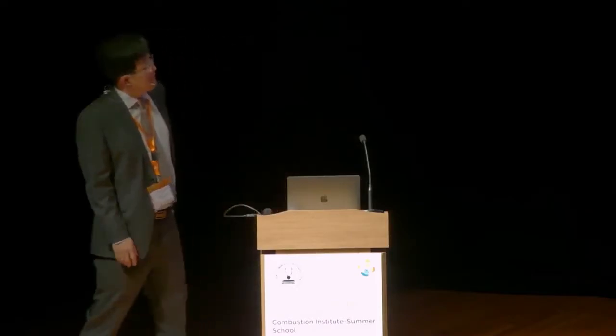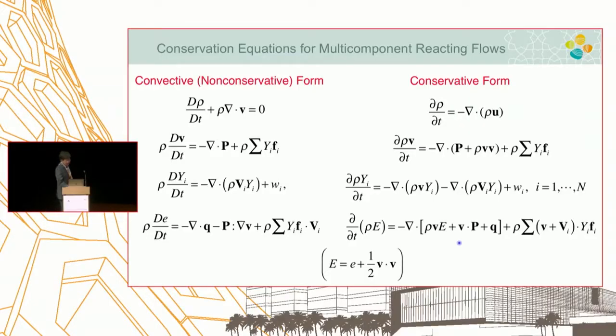So we have governing equations that need to be solved: the mass, momentum, species, and energy, which can be written in convective or conservative form, which is a kind of numerical matter where one expression is better than the other in terms of, after you finite discretize it, the subatomic properties are conserved better.